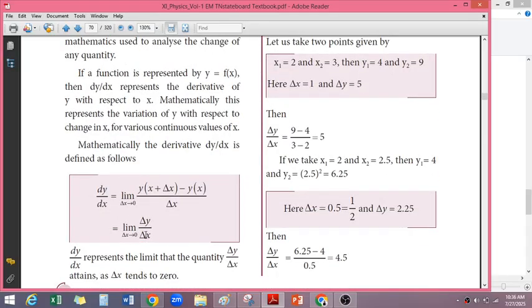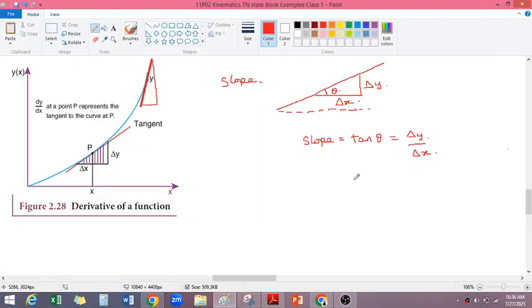This is called limits. So limit delta x approaches 0 of delta y by delta x is equal to dy by dx, which is what we get when delta x becomes closer and closer to zero.